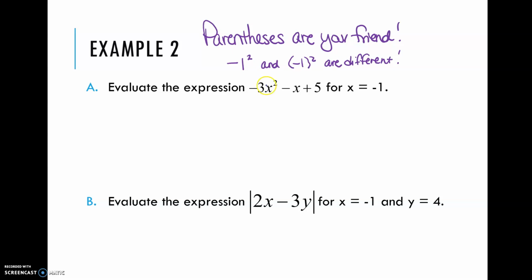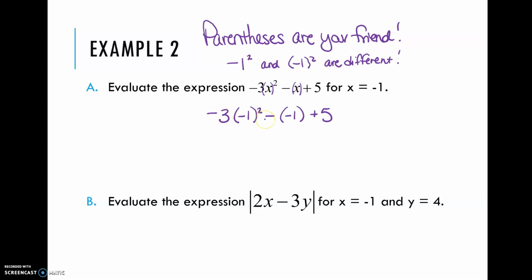So everywhere that you see an x, I want you to put parentheses directly around it, and then you're going to drop the -1 in place of the x in those parentheses. So for A, we would do -3, parentheses, -1 squared, minus, parentheses, -1, plus 5. This is not as important if it's a positive number that you're plugging in, but if you're plugging in a negative number, you absolutely need parentheses in there.